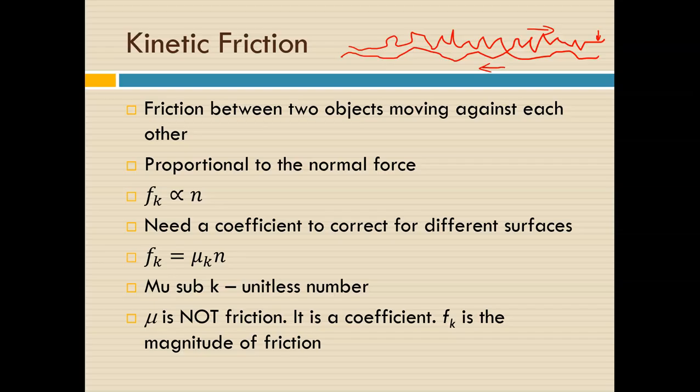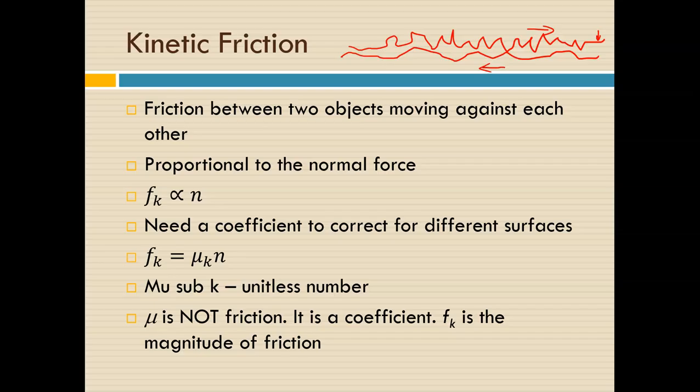There's a table of coefficients of friction in your textbook. F sub k, however, depends upon the surfaces and the normal force. The bigger the normal force, the bigger the friction. The smaller the normal force, the smaller the friction. So when you do your problems, do not mix up mu k with F sub k.